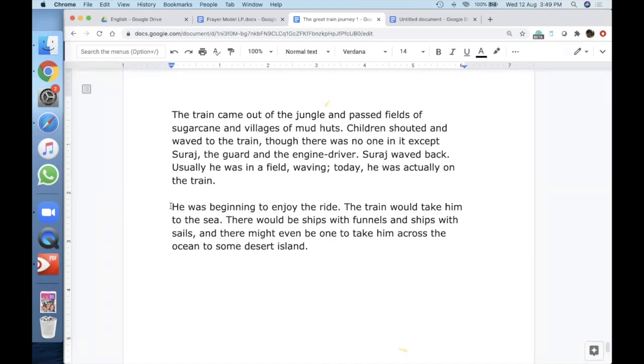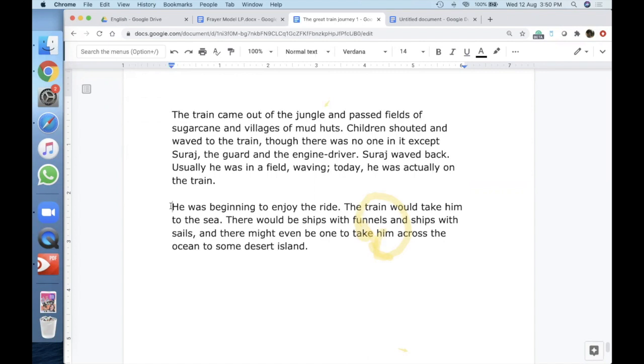What is this, sir? That is funnels. Funnels. And ships with sails, and there might be one to take them across the ocean to some desert island. Across the ocean to some desert island. Okay, so that is the paragraph.